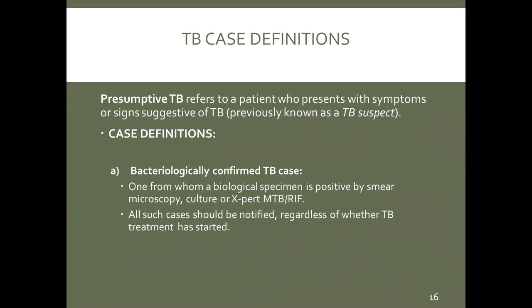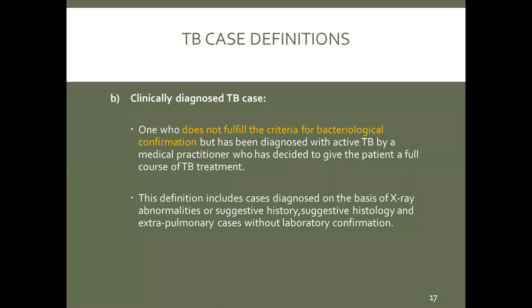All these cases should be notified. Similarly, a person is called a clinically diagnosed TB case when we are unable to get a positive AFB, GeneXpert, or gastric aspirate test, but the treating physician strongly suggests it as a case of tuberculosis.